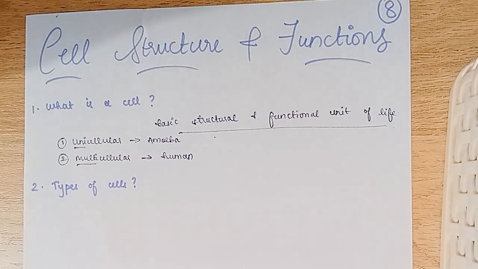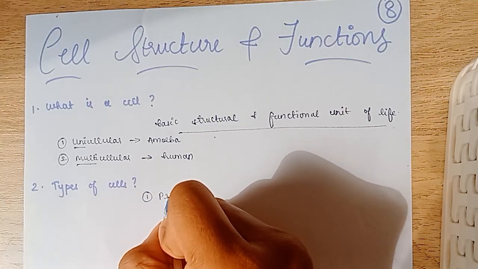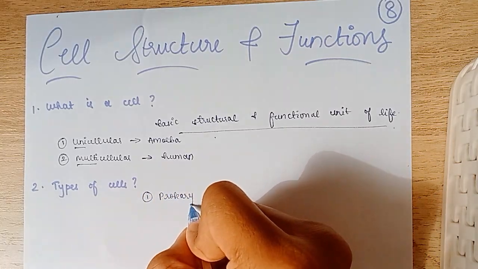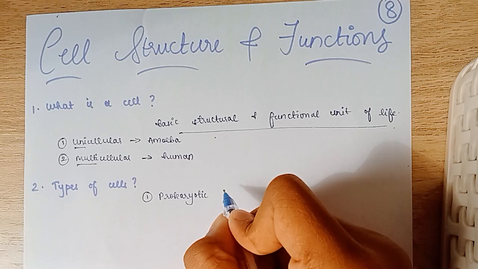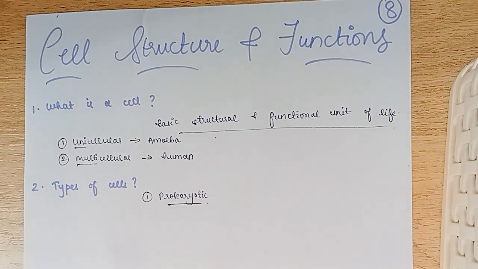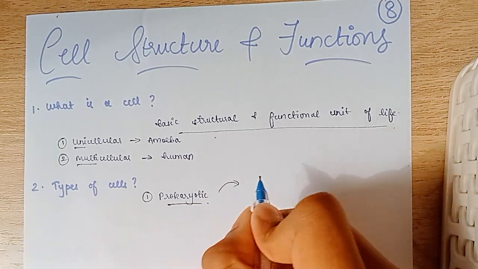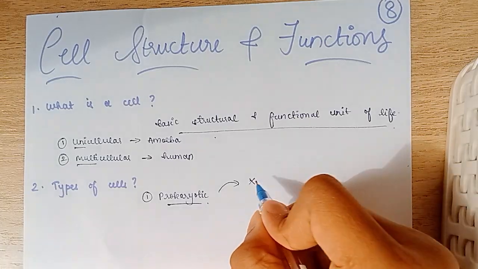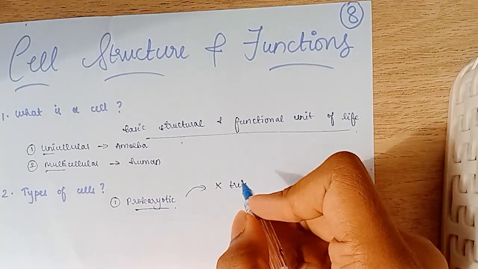Now, there are two types of cells. Main two types are prokaryotic and eukaryotic. Prokaryotic. So what do you mean by prokaryotic? Prokaryotic organisms have no true nucleus.